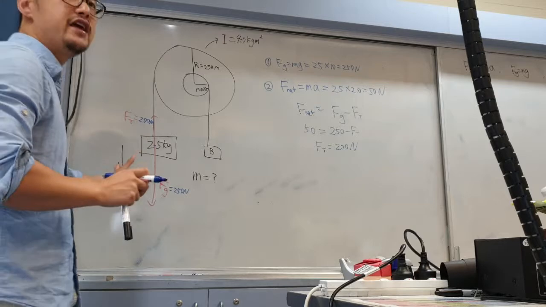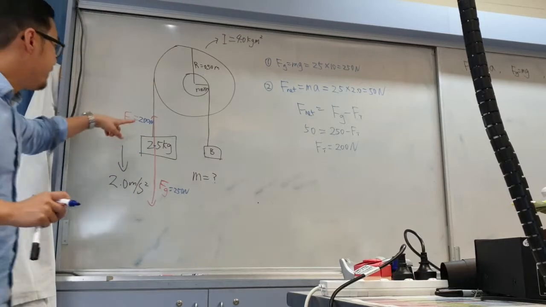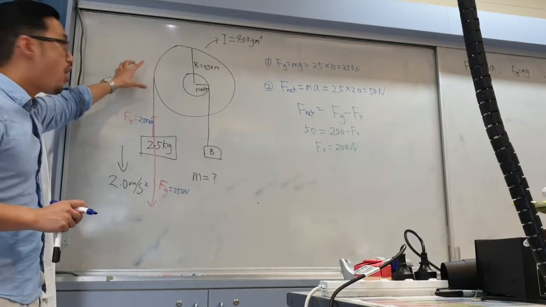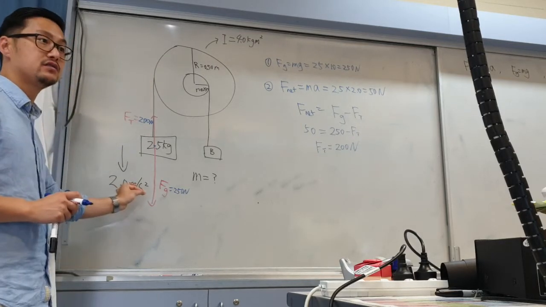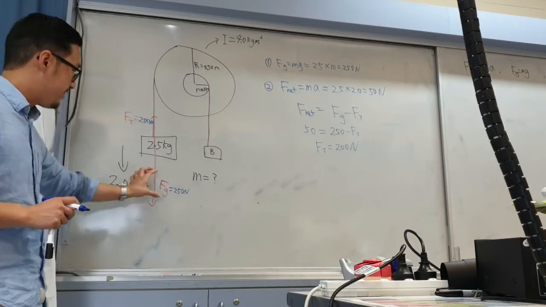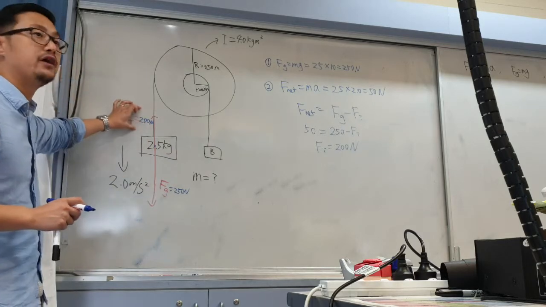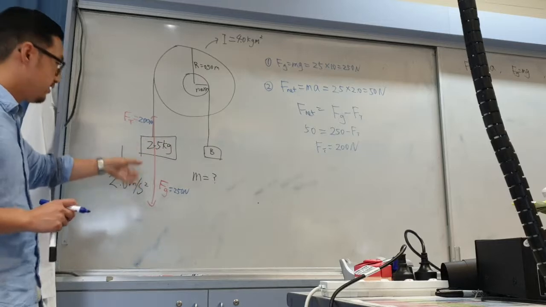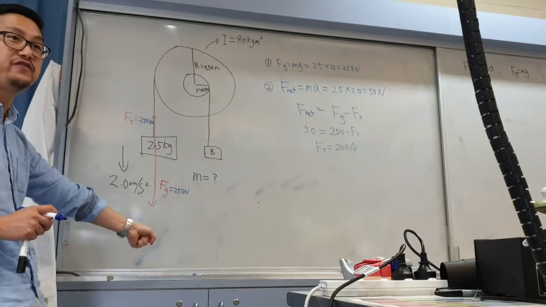Okay, and then I'm going to keep going around. If there is 200 Newton pulling it upward, how much force is pulling downwards? Is it 250 or is it 200? There is a force pulling here at 250.